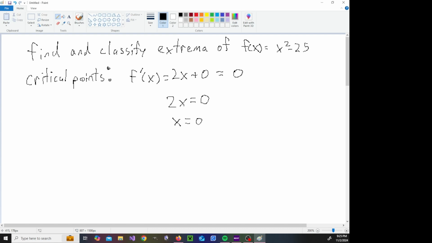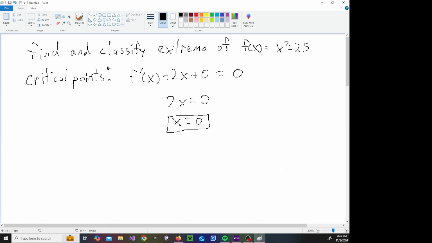Now, technically speaking, we also want to solve for when our derivative doesn't exist. Well, does the function 2x ever not exist? No, this is a perfectly fine and easy function to consider. So we have one critical value at x equals 0.